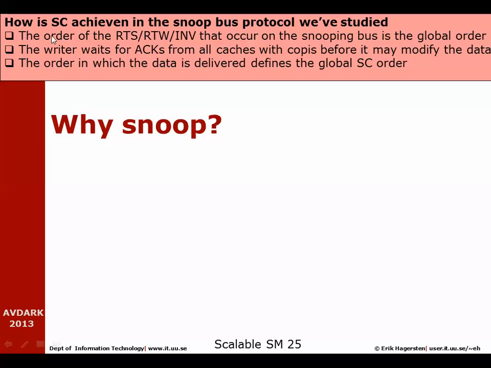In contrast to the directory-based protocol, where we had to collect all acknowledges from all the other caches before we could go on and write the data, in the Snoopy-based protocol it was enough for us to just see our own invalidation transaction on the bus. Once it had been on the bus, we knew that our write had been ordered in the global order, and that was okay for us to change the data.